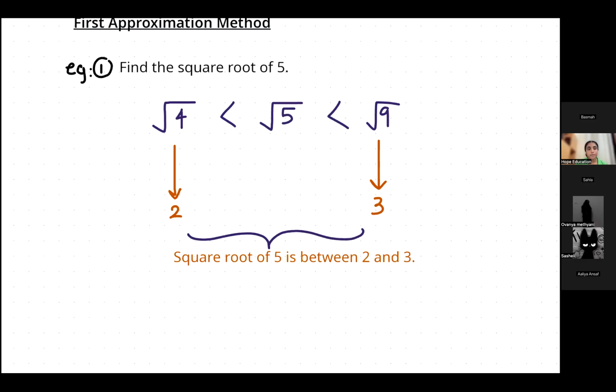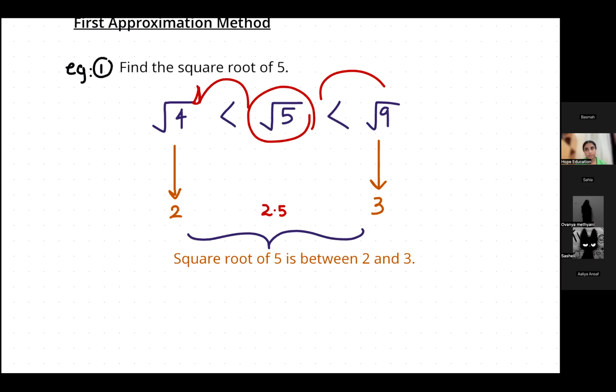How? What is the number exactly between 2 and 3? 2.5.